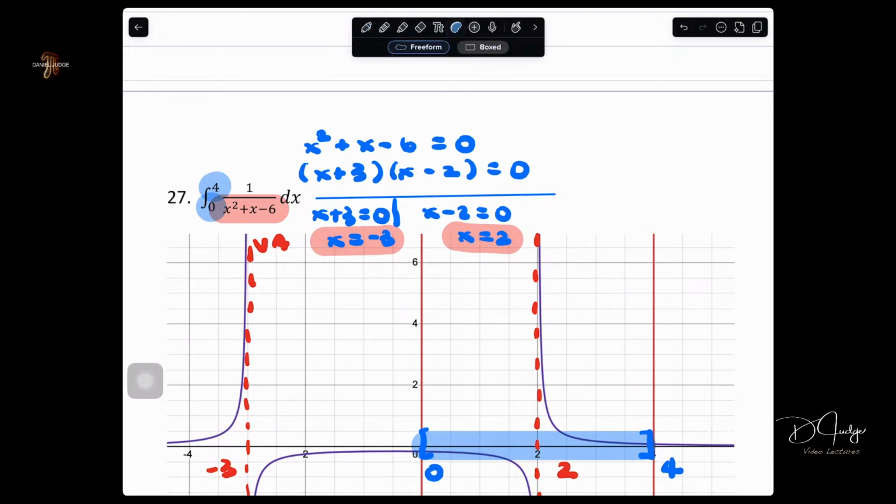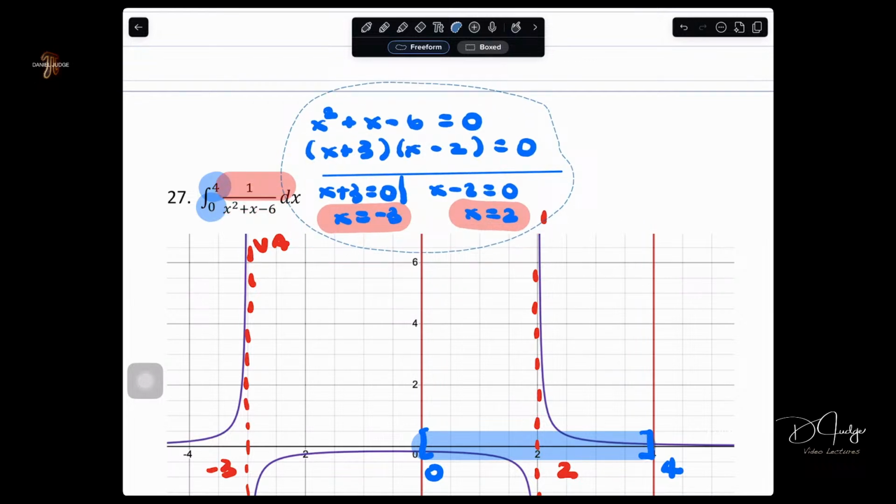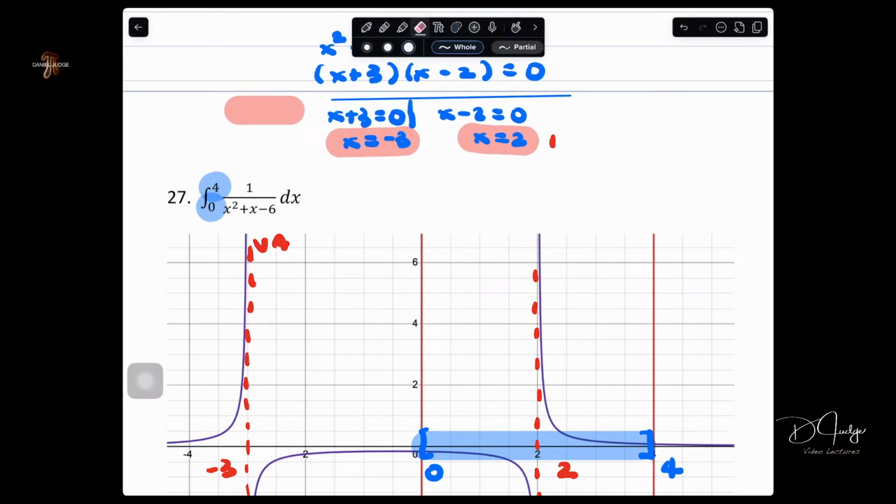Okay, so I'm going to move all of this out of the way. And we're going to set up our integral here.